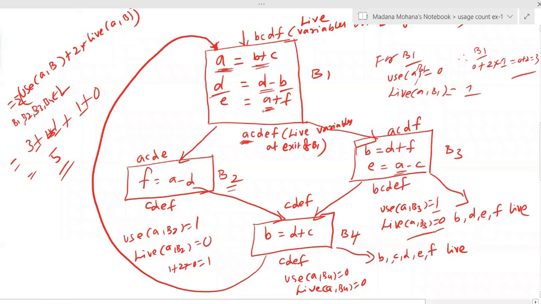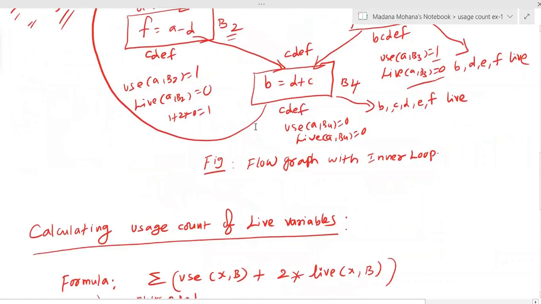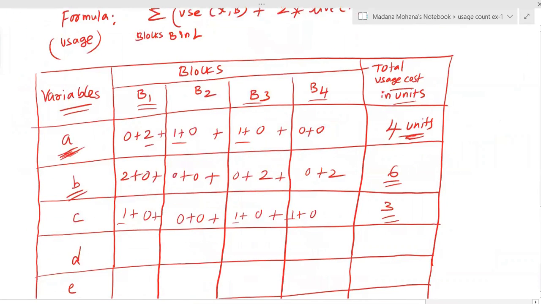Then live, D is live at exit of B1, and D is also assigned. So live we have to consider, that is 1 into 2, 0 plus 2 into 1, you will get 2 here. For D, use is 0, live is 2. Similarly plus B2 use is 0, live is 0 plus for B3 use is 1, live is 0 plus for B4 use is 1, live is 0. Total 2 plus 1 3 plus 1 4 plus 1 5.